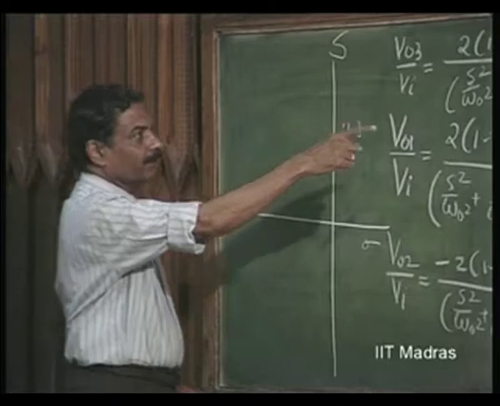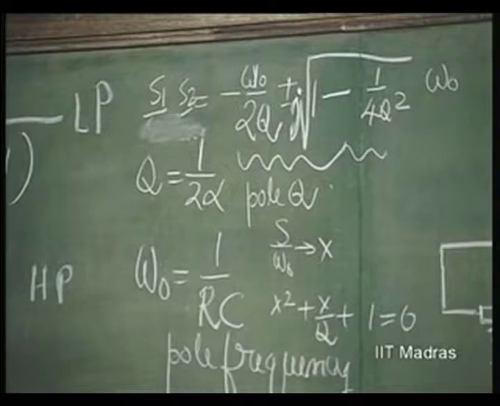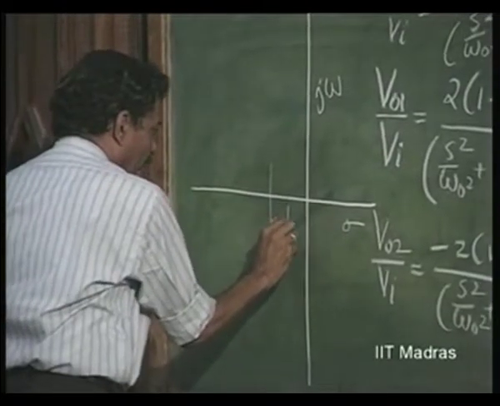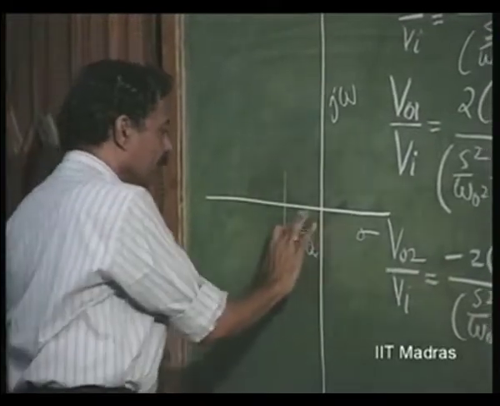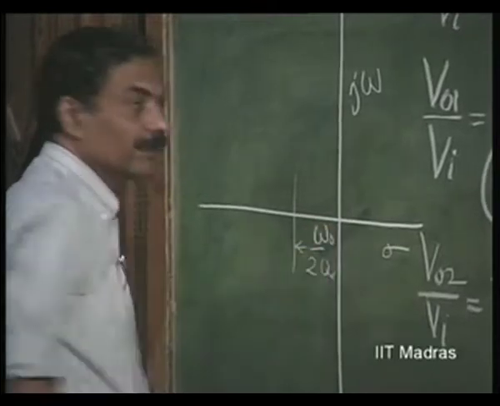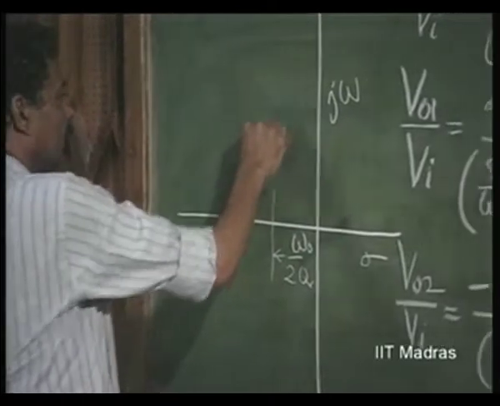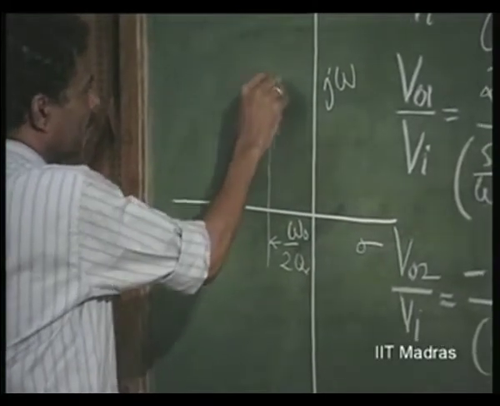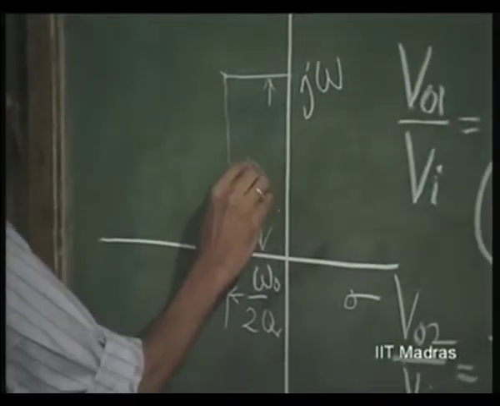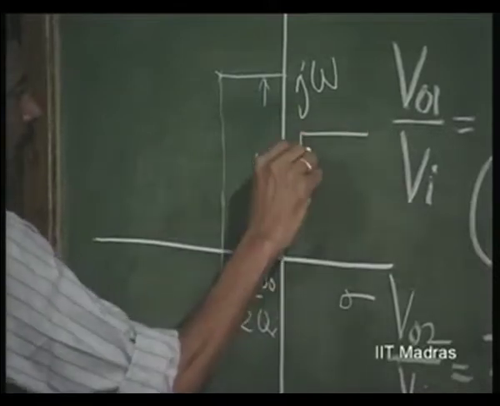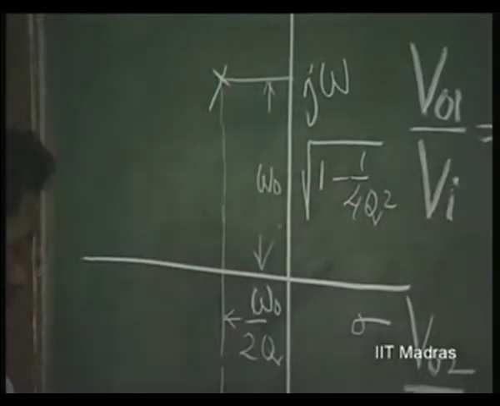It has a negative real part always as long as q is positive, okay, negative real part which is minus 1 over 2q, or actually speaking if you plot in terms of frequency it is omega naught over 2q, okay, and the imaginary part is going to be omega naught into root of 1 minus 1 over 4q square, a complex conjugate pair of poles.